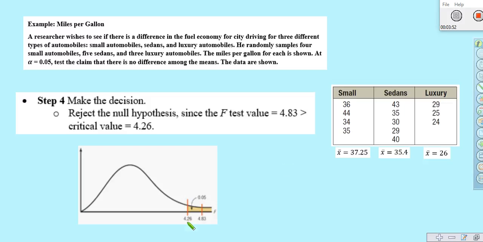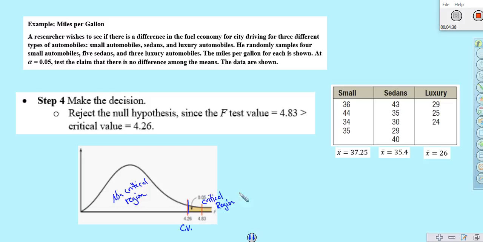I have a critical value that I found to be 4.26, and remember that establishes this situation right here. This is my non-critical region, and that means this shaded area right here will be my critical region.